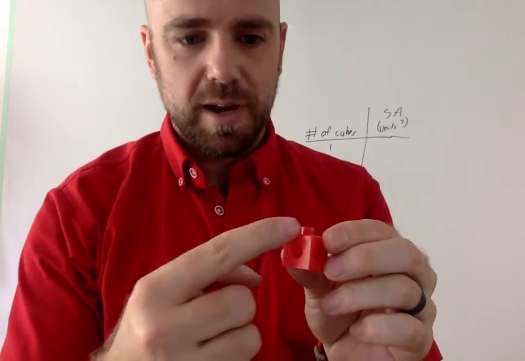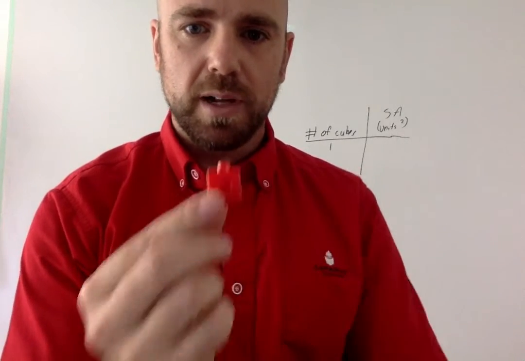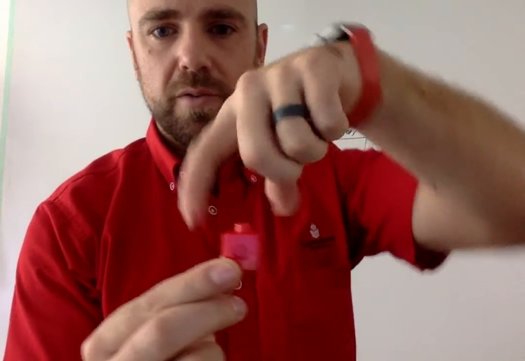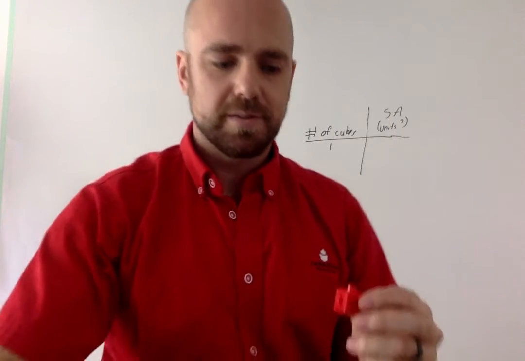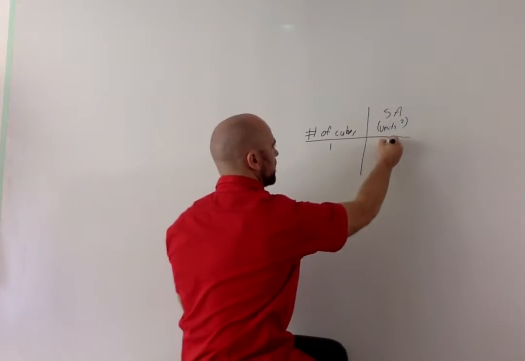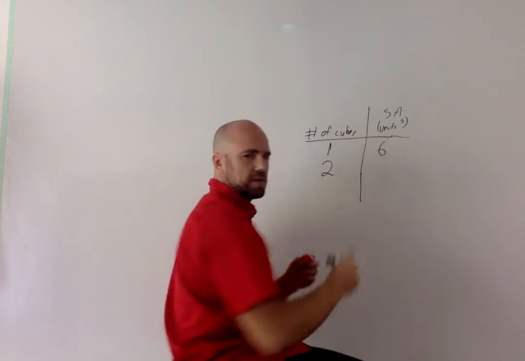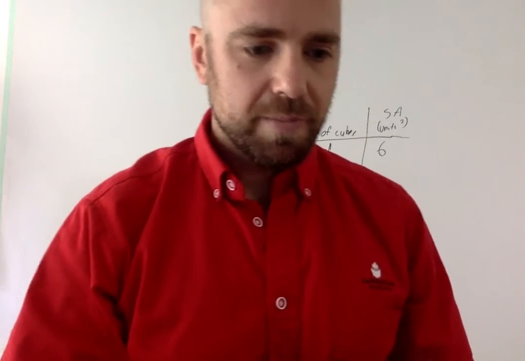I'm going to assume that every side is one square unit. So when I look at it, I've got 1, 2, 3, 4, 5, and 6 square units. I counted all of them up. I'm up to 6 square units. I'll try to write it a little bit bigger so that you can see it better on the screen.